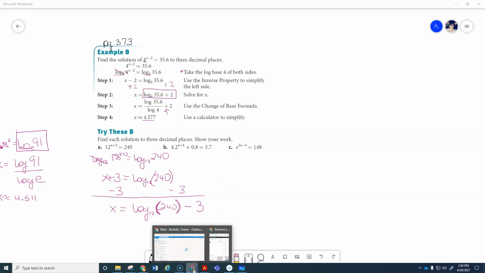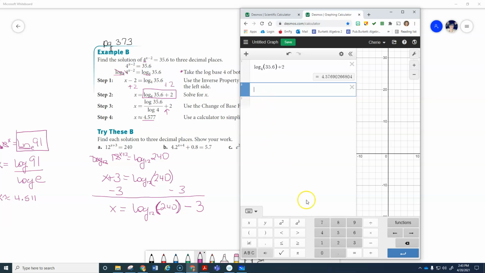So I'm now going to go to my calculator, and because I can, I'm going to choose the log base 12. I'm going to put the 240 in the parentheses, and then I'm going to close the parentheses, and I'm going to say minus 3.